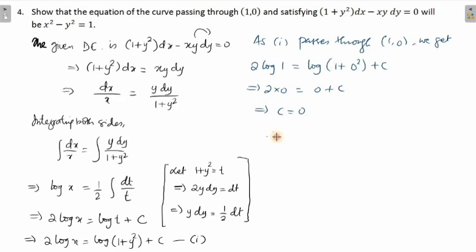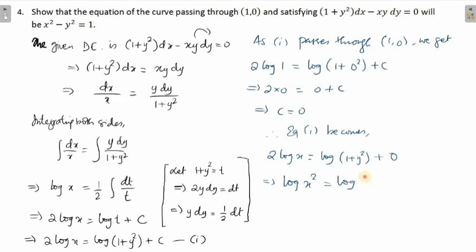So therefore equation 1 becomes, if I resubstitute the value of c, you get 2 log x is equal to log(1 plus y square) plus 0, isn't it? So you bring this inside the log, you get log x square is equal to log(1 plus y square).